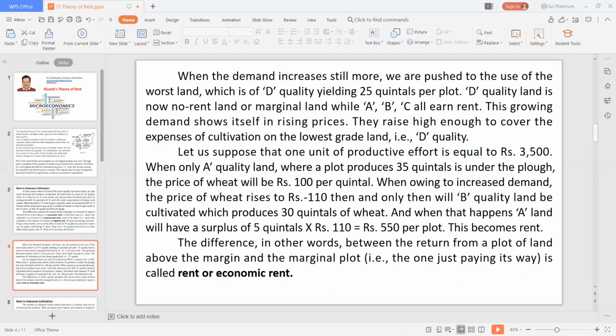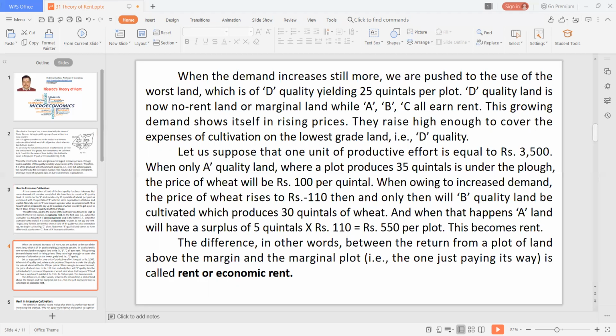Initially A is cultivated, and because of overpopulation and excess demand, business is done in B land. There also there is further excess demand and overpopulation, so C land is used. So A is greater than B, B is greater than C. So the owner of A will get more rent, and the owner of B may get a moderate rent.